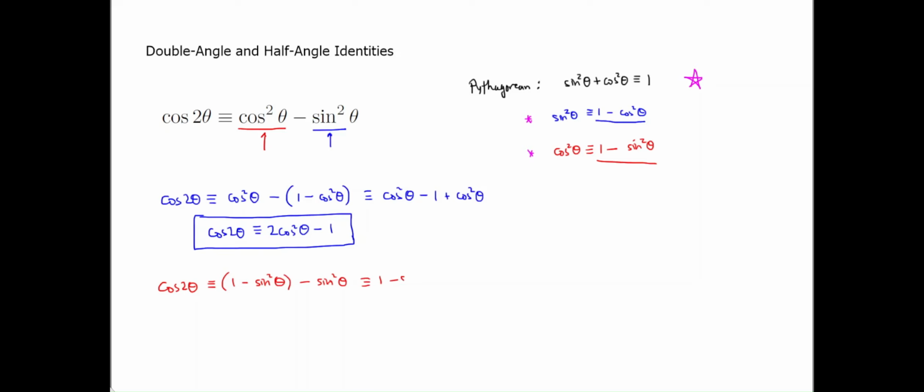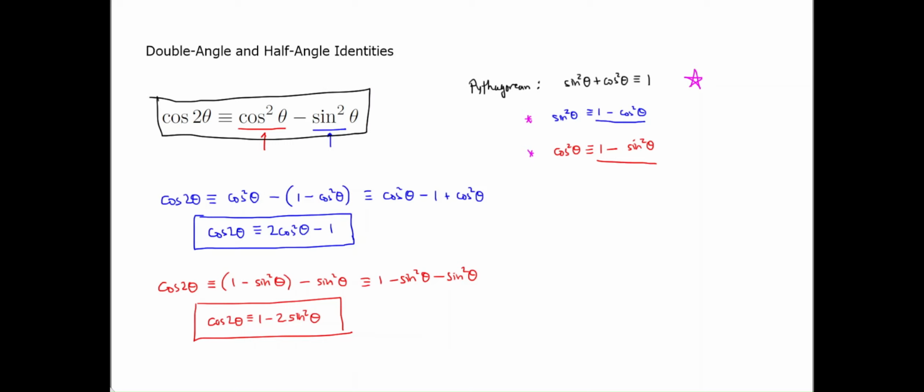We can remove the parentheses without any sort of problem, of course. So 1 minus sine squared theta minus sine squared theta. So we finally get the third version, cosine 2 theta identical to 1 minus 2 sine squared theta. So 3 possible identities for cosine 2 theta. This kind of depends on what your needs are, what you're trying to use it for, what maybe you're trying to prove a different identity.